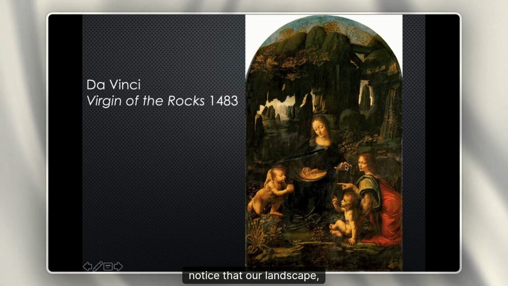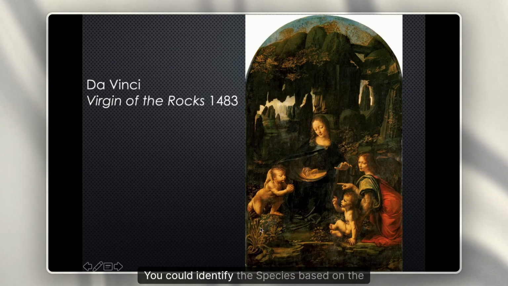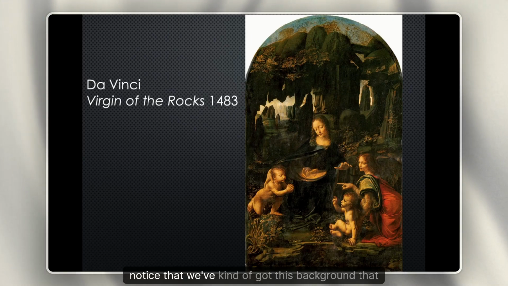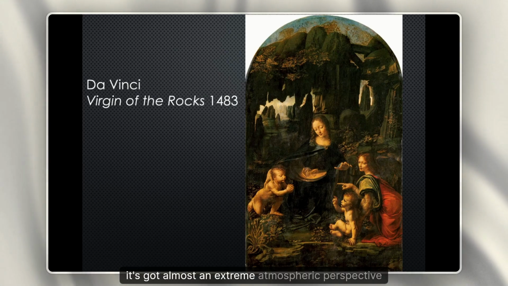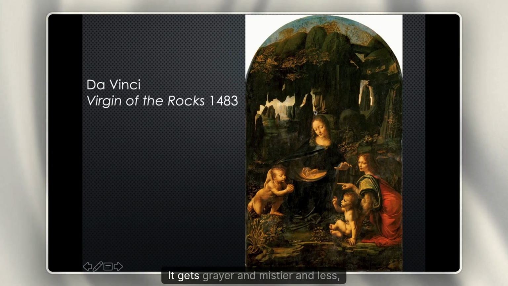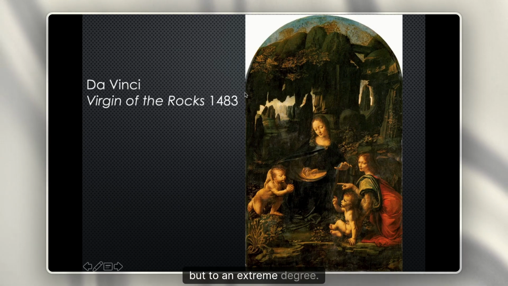Notice that our landscape, certainly in the foreground here, is made of perfect botanical specimens. You could identify the species based on the details he's given us. So again, imitating nature. We've got this background that is very natural, but it has an extreme atmospheric perspective. Going into the distance, it gets grayer and mistier and less defined, to an extreme degree.